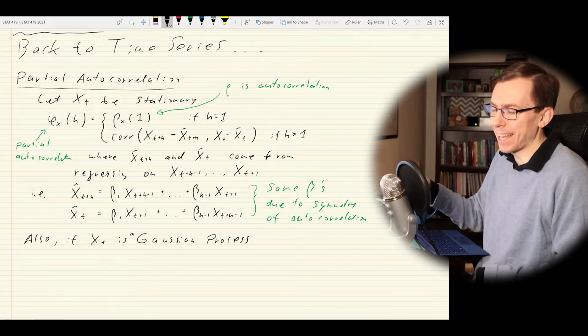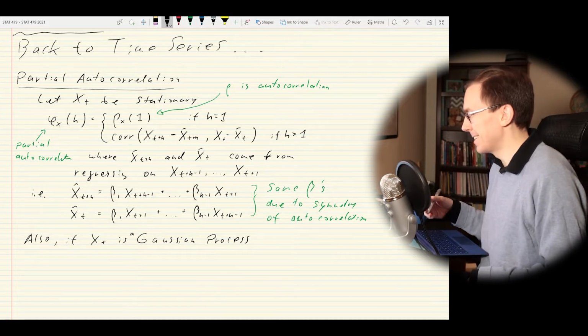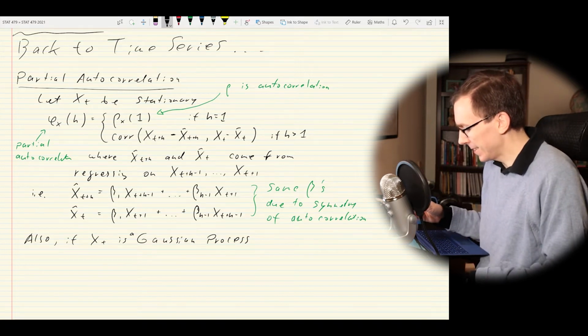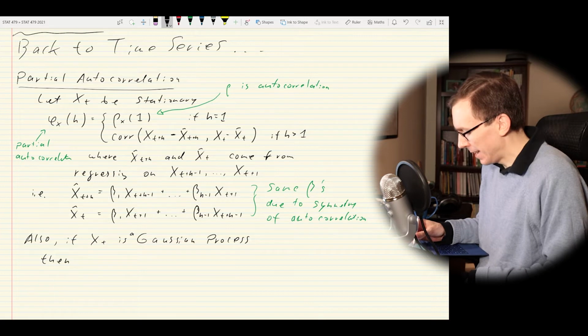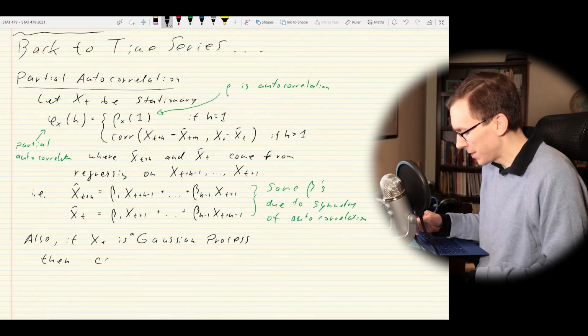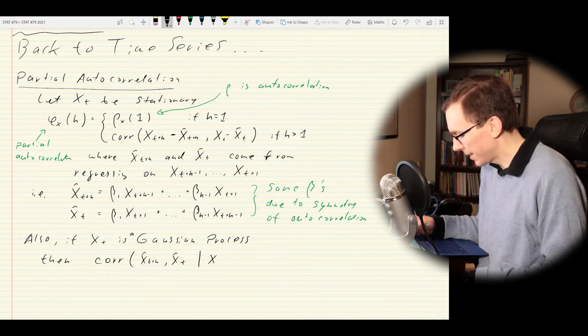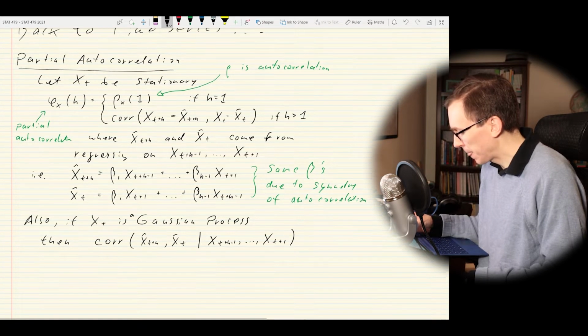Basically, if the white noise is Gaussian and this is some, say, ARMA model based on Gaussian white noise, then we can write this in terms of conditional correlation: x hat t+h, x hat t conditioned on everything that comes in between. We'll draw a picture of this to try to see if it makes more sense.